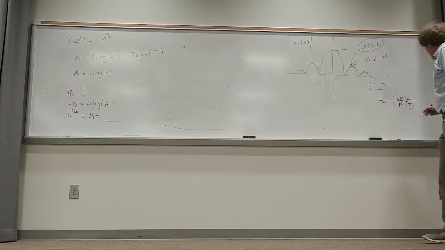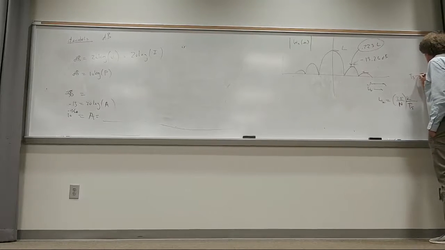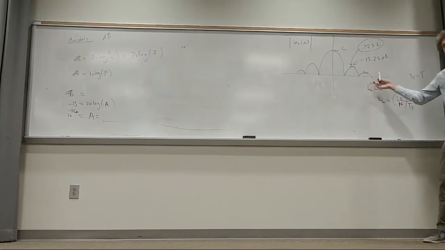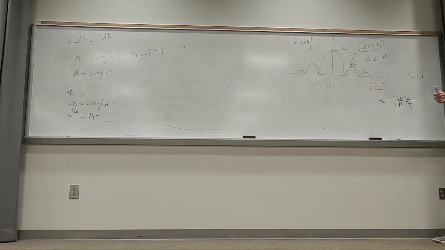Now T sample is the same thing as T, the time interval between the actual pulses sent. Y'all remember this? First pulse goes, then second pulse. That's the T that would go here. You can calculate this frequency, and that would be the frequency that you see on this axis. Are you with me? We have to divide it by 2 pi if we want it in F, but that's in omega. Just try to understand, I'm giving you some perspective on this. I'll fill in a lot of the gaps in a second. I need to put the whole overview up.